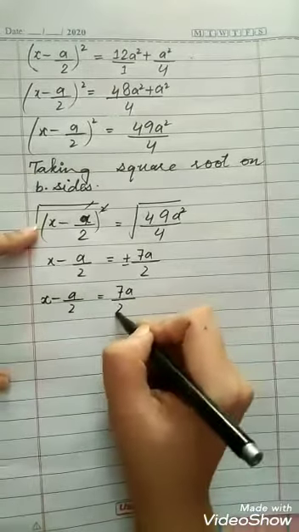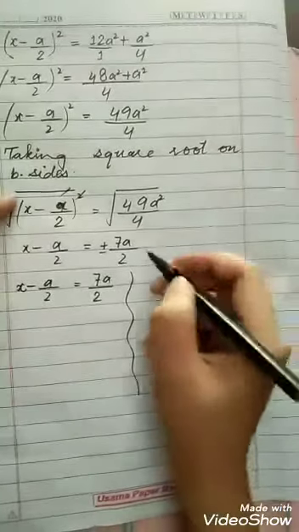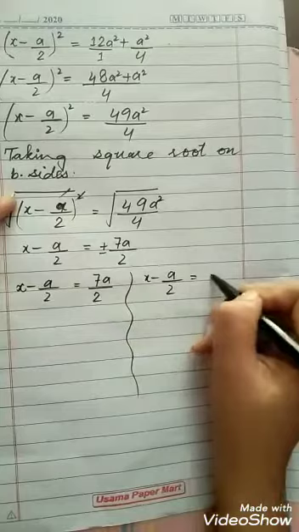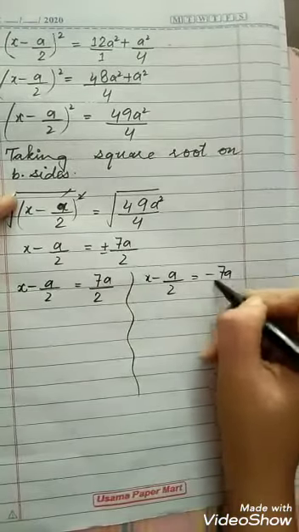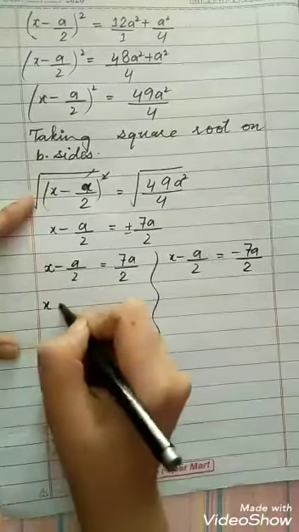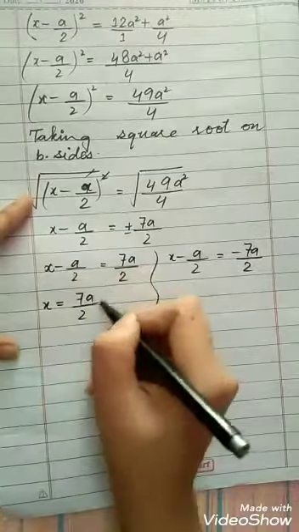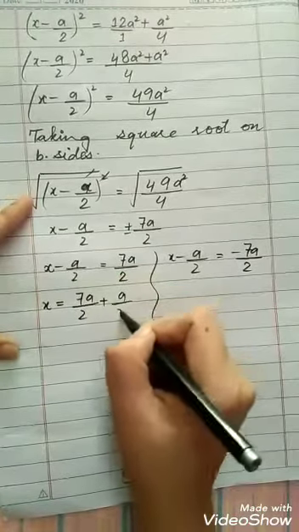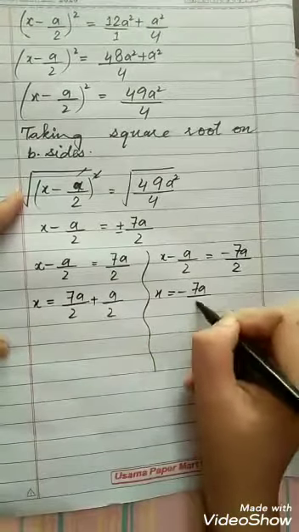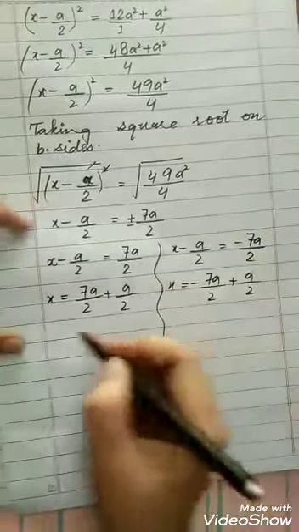First of all, positive and then negative, or first negative then positive. x minus a by 2 is equal to minus 7a by 2. The a by 2 is negative here, it will be positive on the other side. x is equal to minus 7a by 2 plus a by 2.